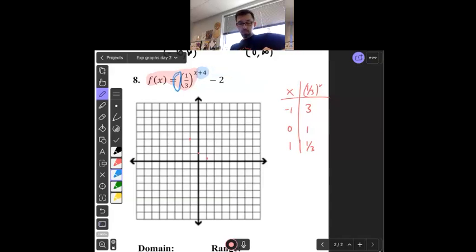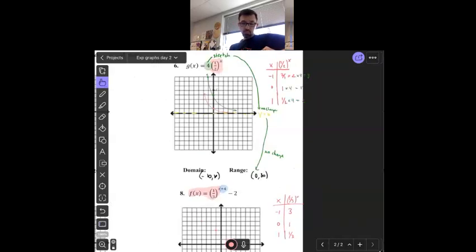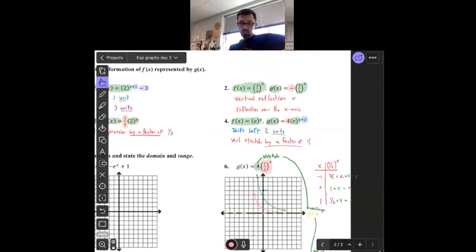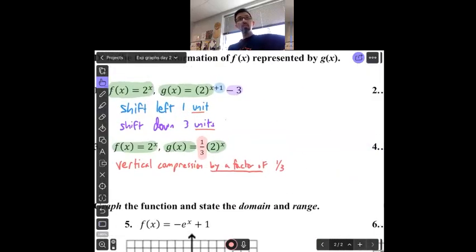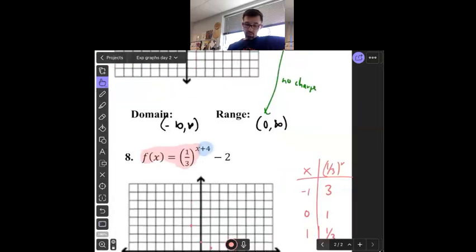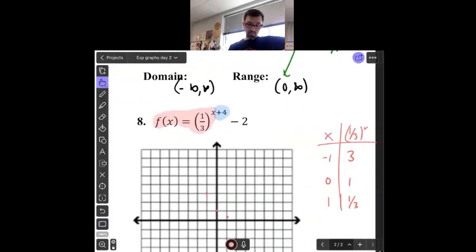What happened up in the power? There we see with the 1. There we see with that 2 over there. And we want to know that it's a liar too, right? It says +4, so we're going left, right? So shifting it left to right, but we go the opposite way that it says. So what's that saying? Left. Left 4. Okay. So left 4.